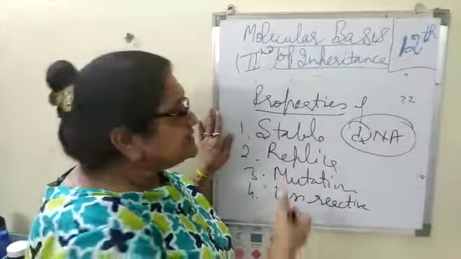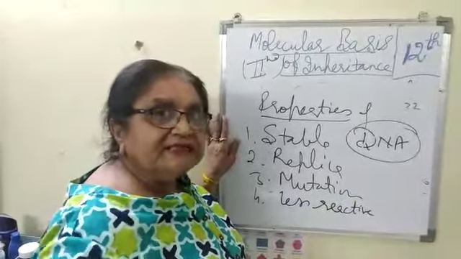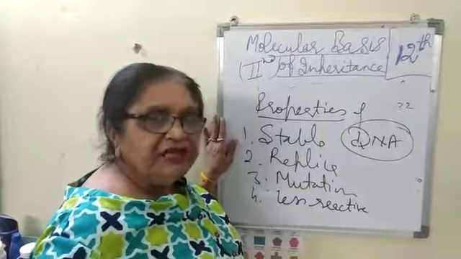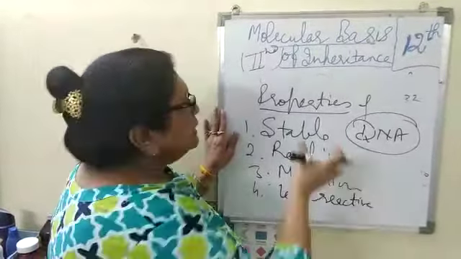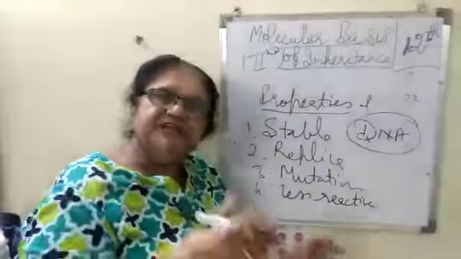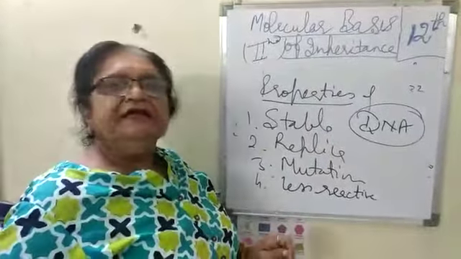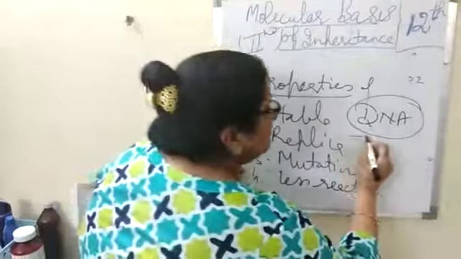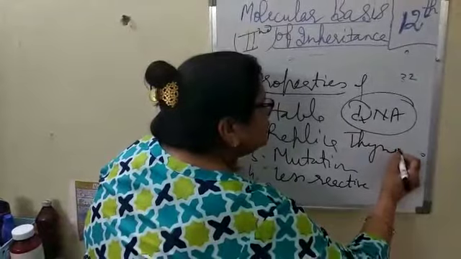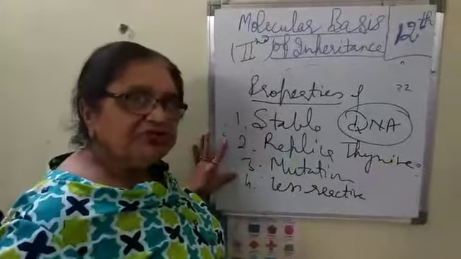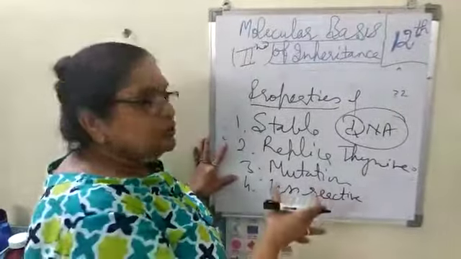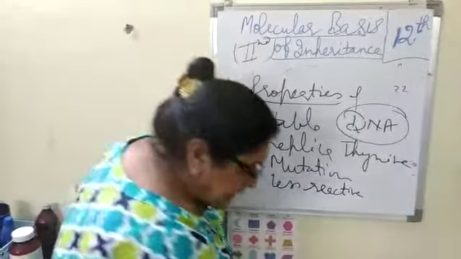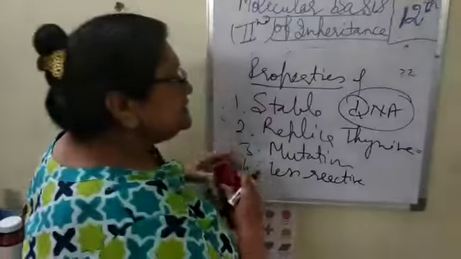Now you know this virus these days, the coronavirus. It mutates and can change its genetic code very easily. So this is the property of a genetic material. It proves that DNA is more stable. Similarly, DNA has thymine in its structure, which is more stable than uracil. So these are very important properties, which means DNA acts as a genetic material.